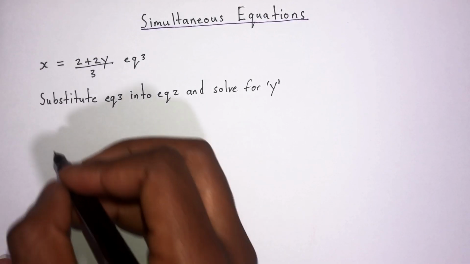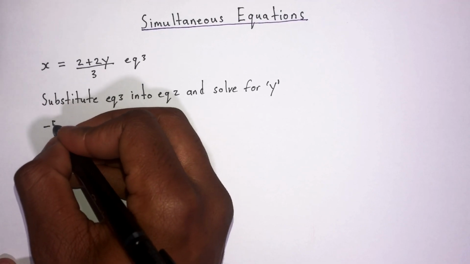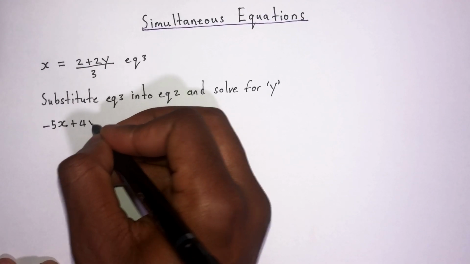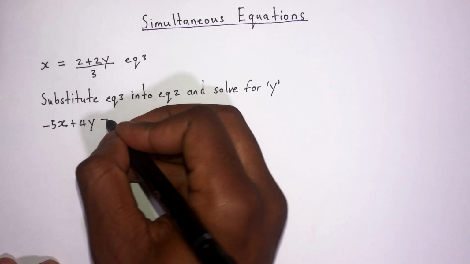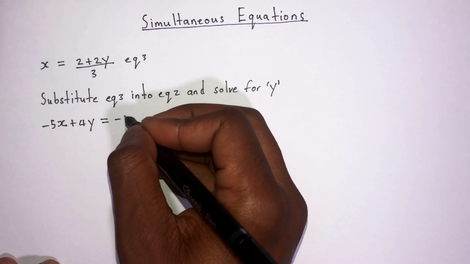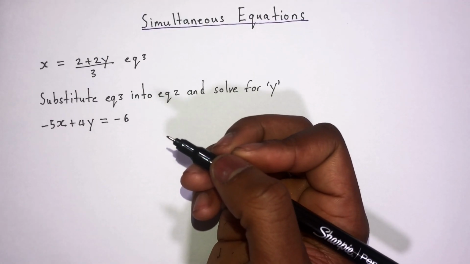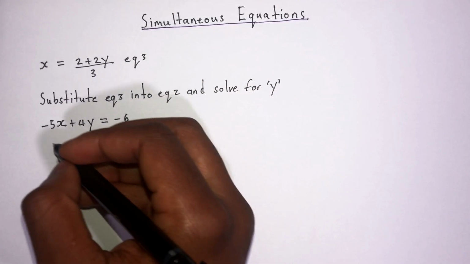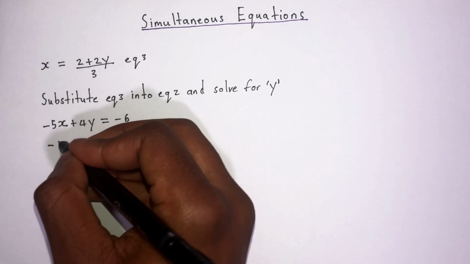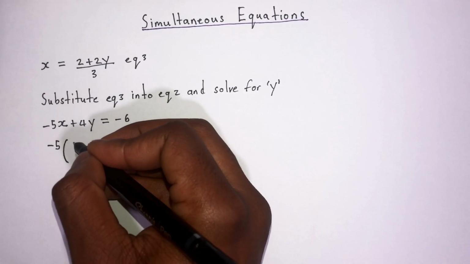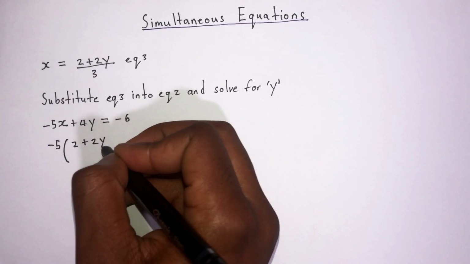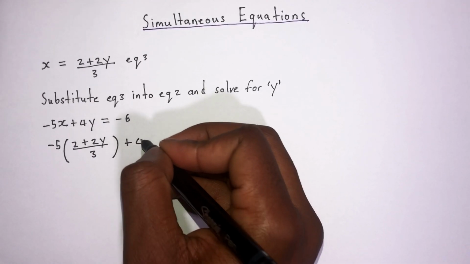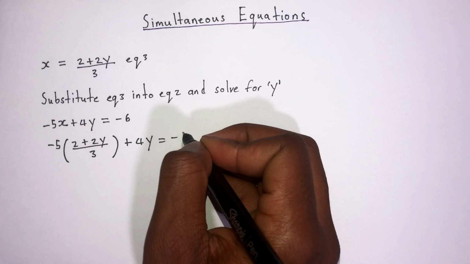And equation 2 is negative 5x plus 4y equals negative 6. So when we substitute equation 3 into equation 2, we have negative 5 times 2 plus 2y all over 3, plus 4y equals negative 6.